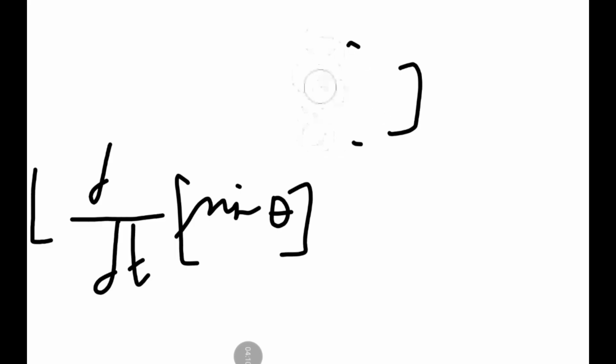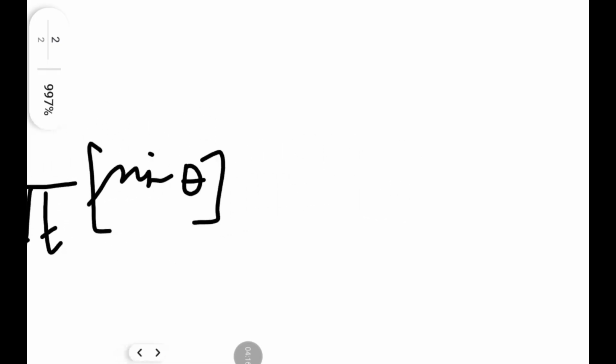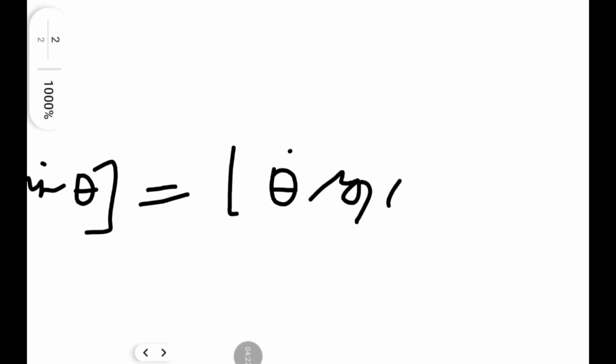So that turns into L times theta dot times cosine of theta. And that there is the horizontal velocity at point A, in terms of theta as a function of t.